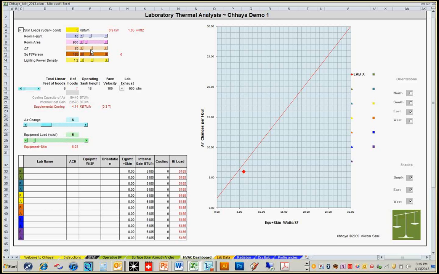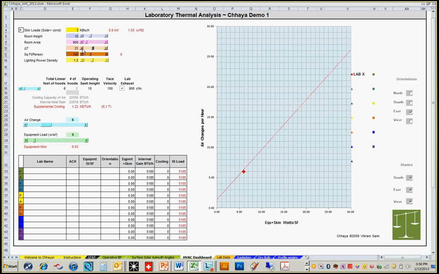The delta T, which is the supply air temperature difference, defaults to 20, but you can change that. As I increase the supply air temperature difference, the cooling effect of the air increases, and so you see the dot goes above the line. So basically, if the dot is above the line, you're overcooling the space. If the dot is below the line, you're undercooling the space, and you need additional cooling.